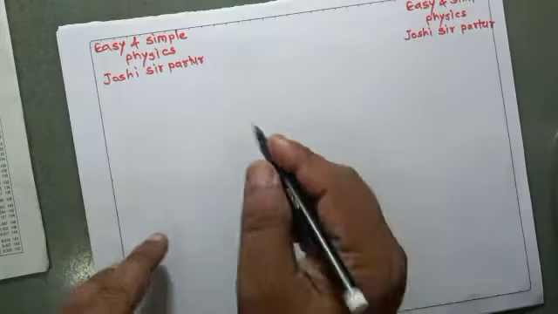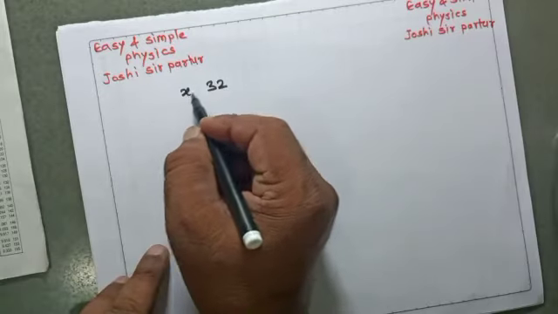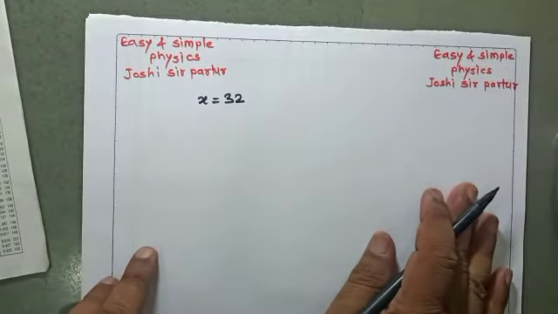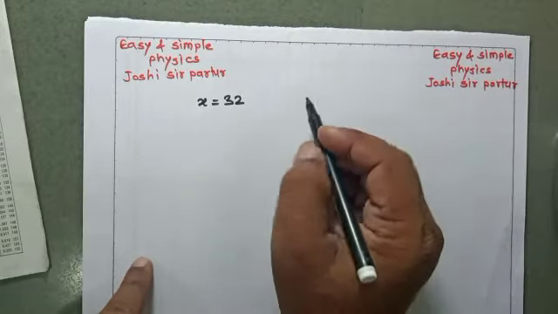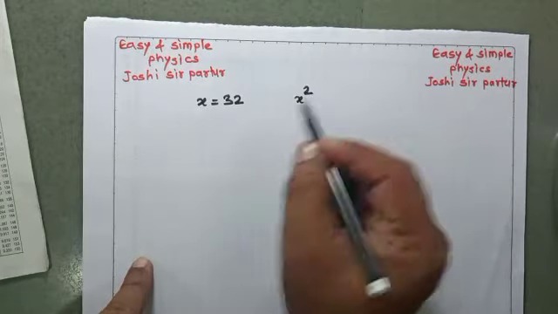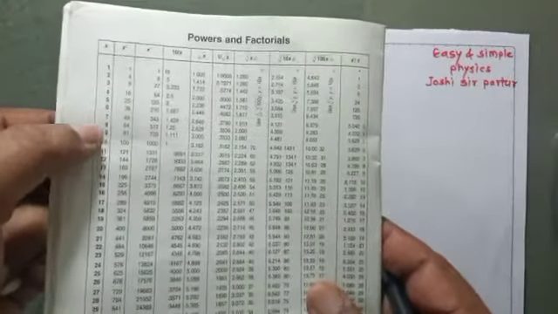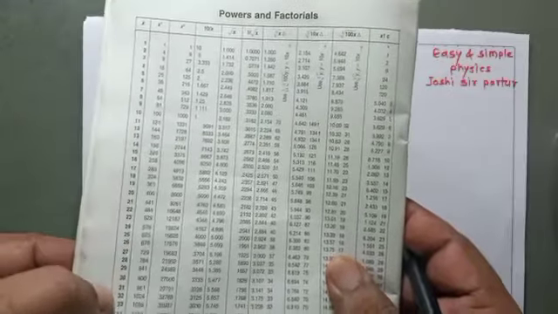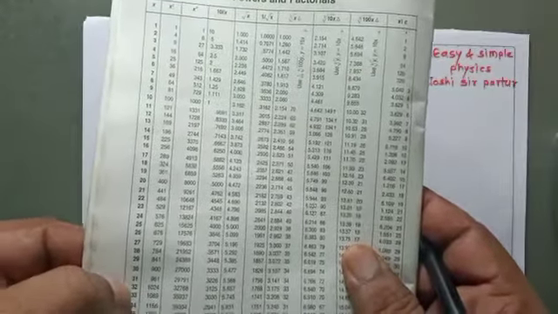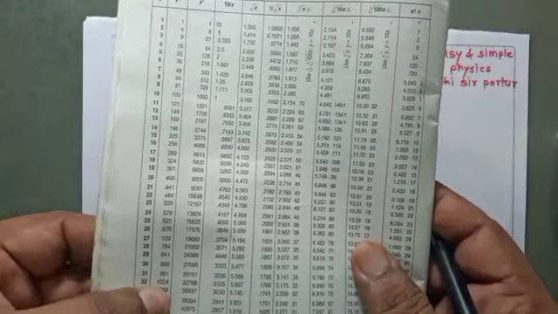If x is equal to 32, what happens if we take x square? Here we can easily see 32 in the vertical column, and x square is 1024.